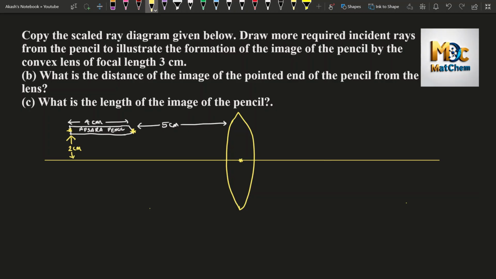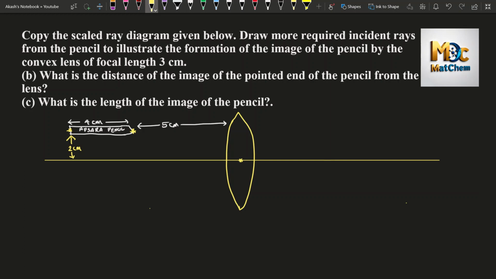Actually, if we want to create the image of this object, we need to draw the rays from each part of the pencil. But practically that is not possible. That is why we will consider the rays from the tip as well as from the end.